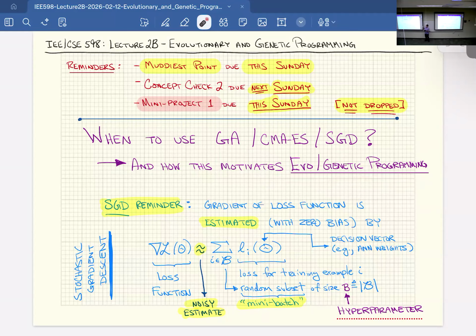Okay, so as a reminder, just to have it available as a foil, as a comparison: stochastic gradient descent, which isn't really a topic from this class, is an optimization that minimizes a loss function by following an available gradient of that loss function. If you can take the gradient of the loss function, you can use that to tell you what direction to step in.